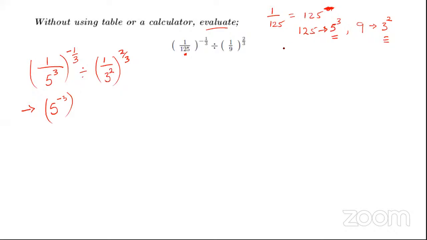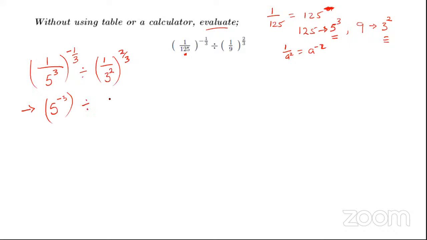Remember we said that when you have 1 out of maybe A, this is the same as A to the power negative 1, okay? That is what we mean. If it is power 2, this becomes negative 2, like that.